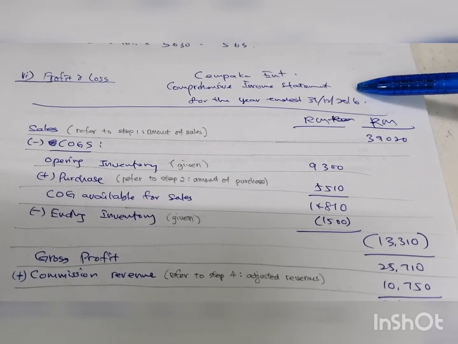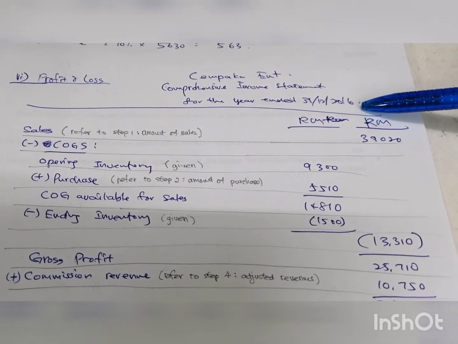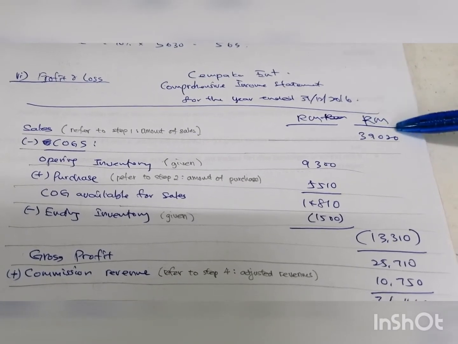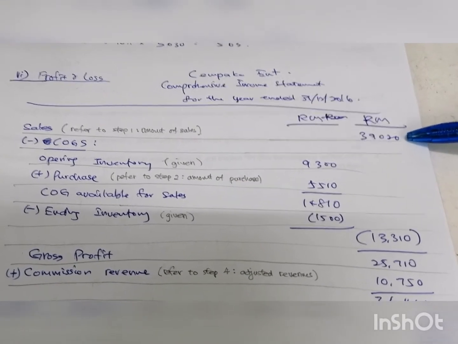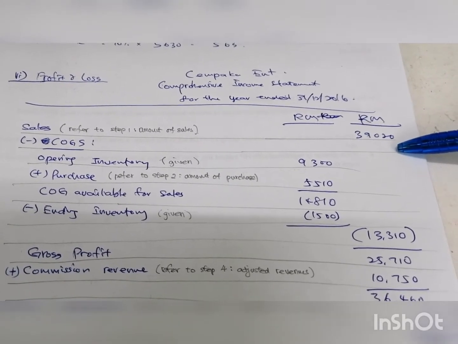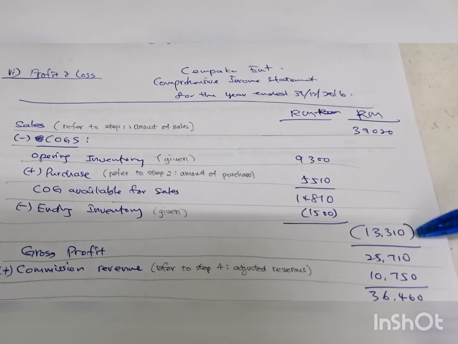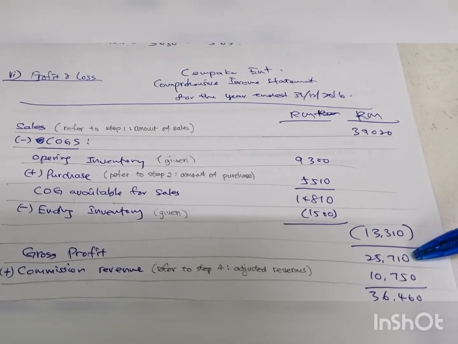To do the comprehensive income statement for the year ended 31st December 2016, we will do the sales minus cost of goods sold, and then we will get our gross profit.